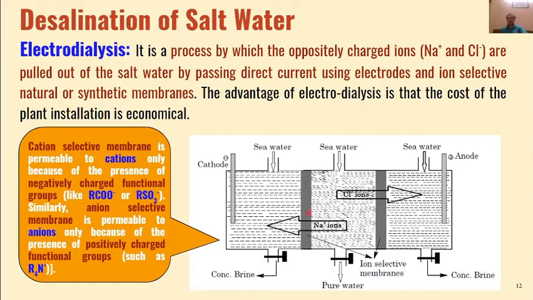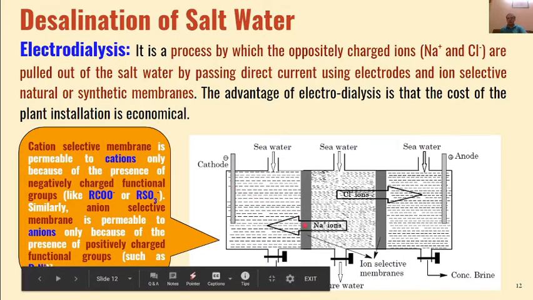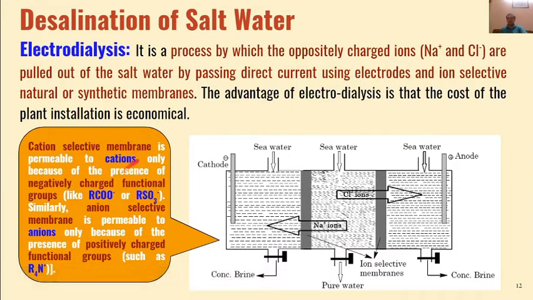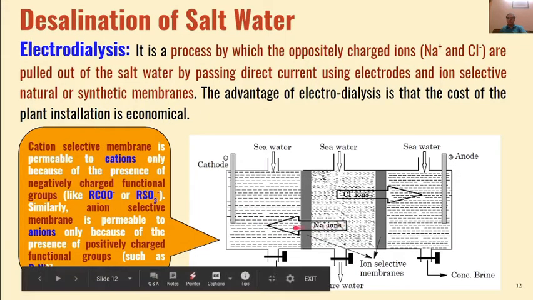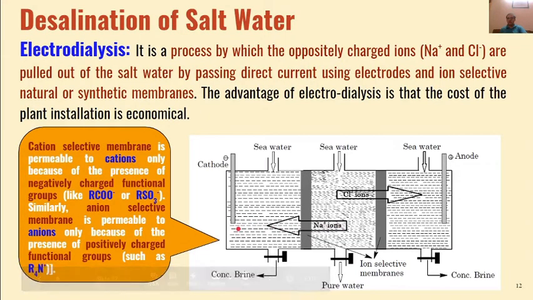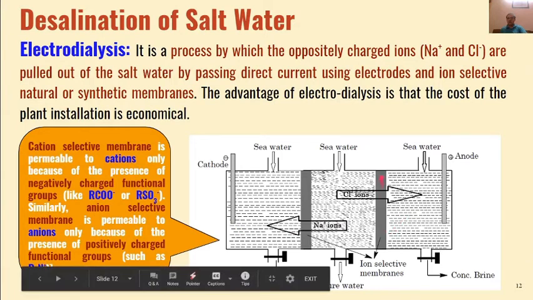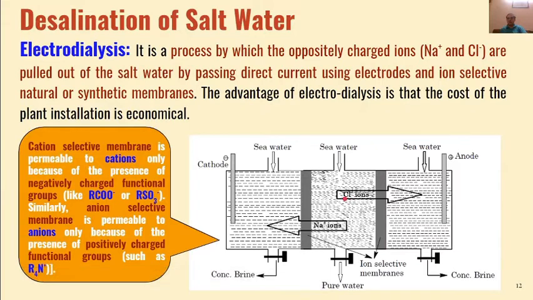Through this membrane sodium ions are to be removed, so this is a cation selective membrane, and it will allow only cations to pass through. So sodium ions can pass through this membrane and go to this side, and similarly this is an anion selective membrane. It will allow only anions to pass through, and cations will not be allowed. So chloride ions will pass through this end.